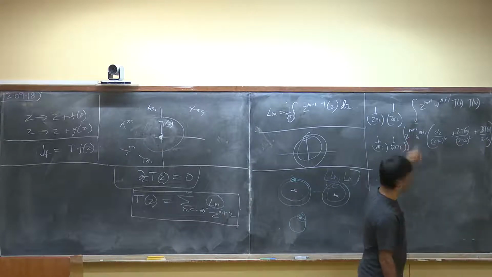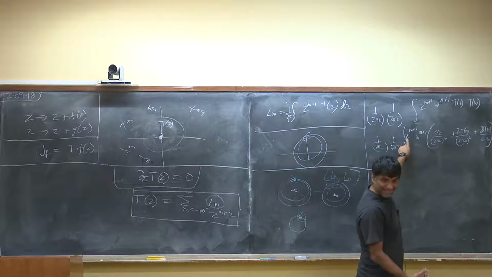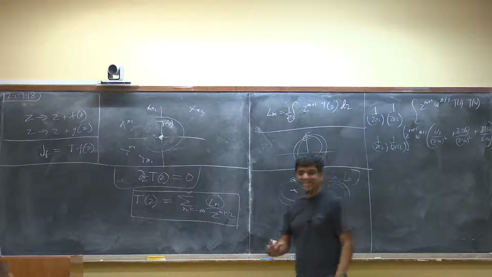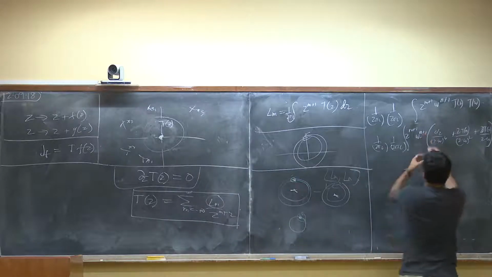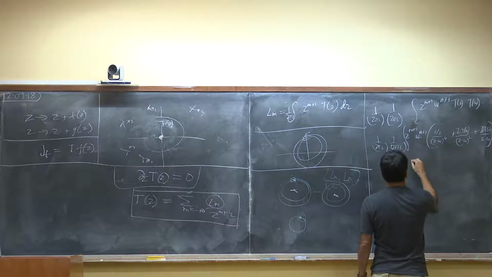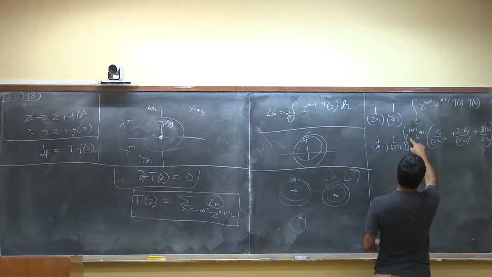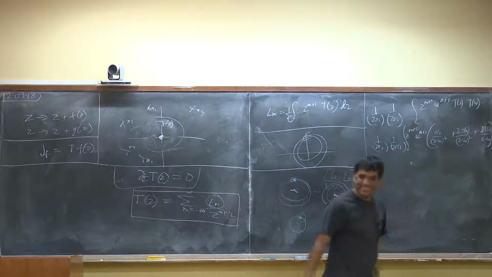How would we get a pole from here? Well, if we take the z thing and Taylor expand it around the point w, exactly.